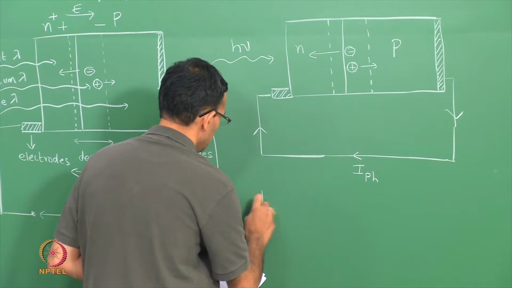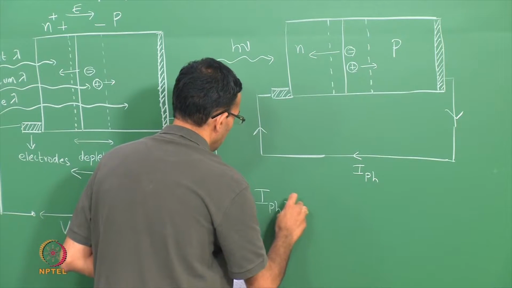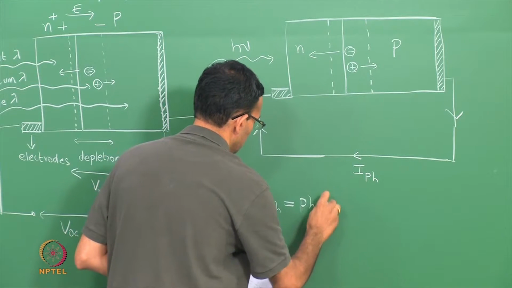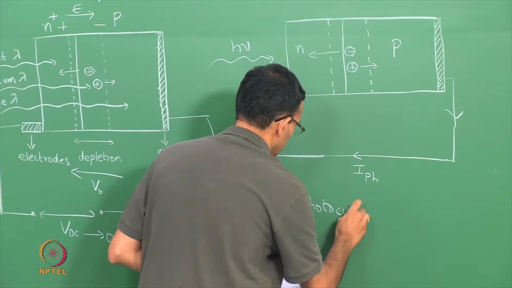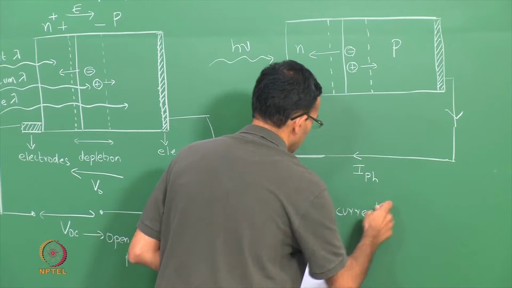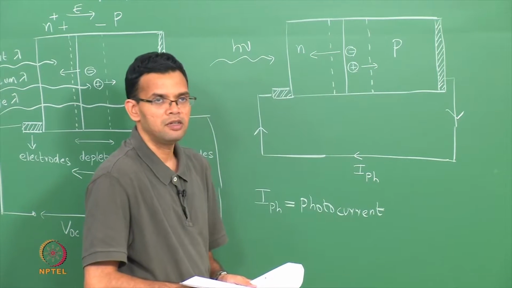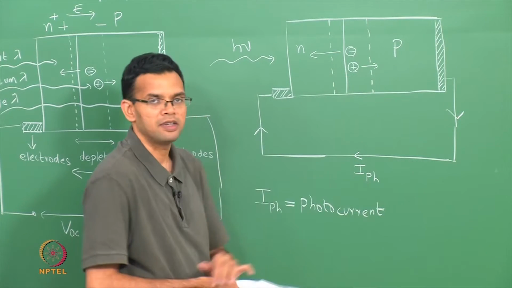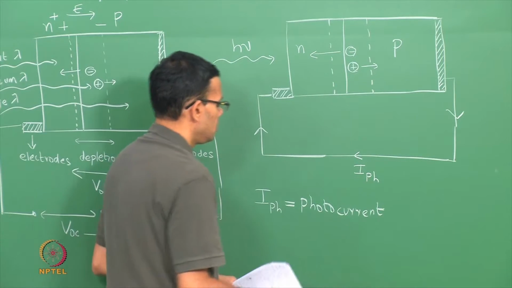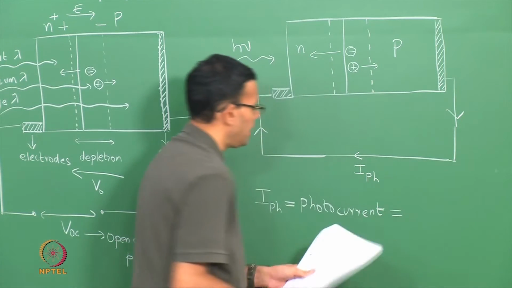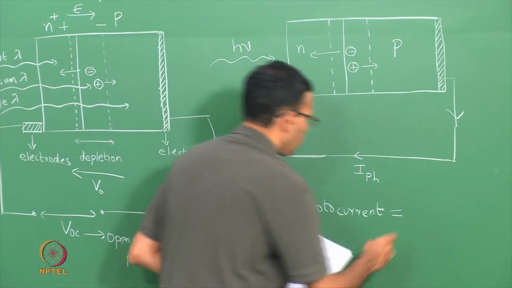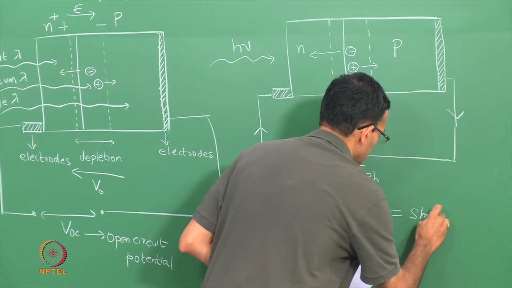This current is called your photo current. It is the current that is generated because you have photo generated carriers. In the absence of any external load, it is also called the short circuit current.